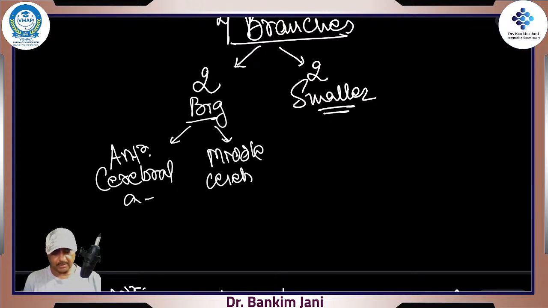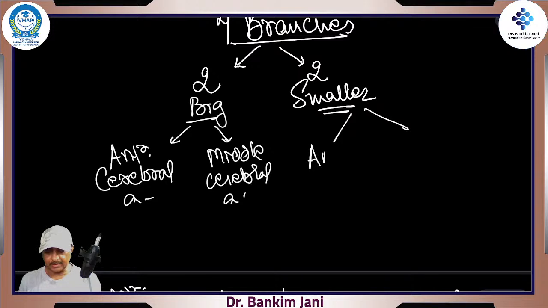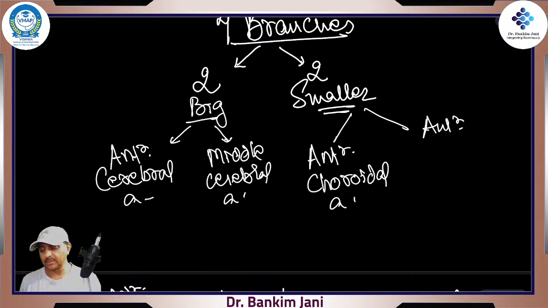And these small branches, in which, don't forget, the anterior choroidal artery. And this one was easy because it was communicating, the anterior communicating artery. Posterior communicating artery.